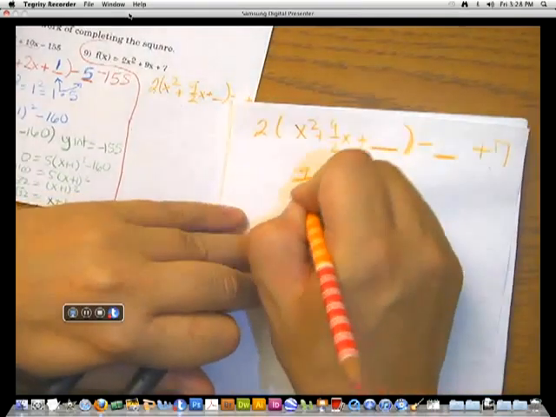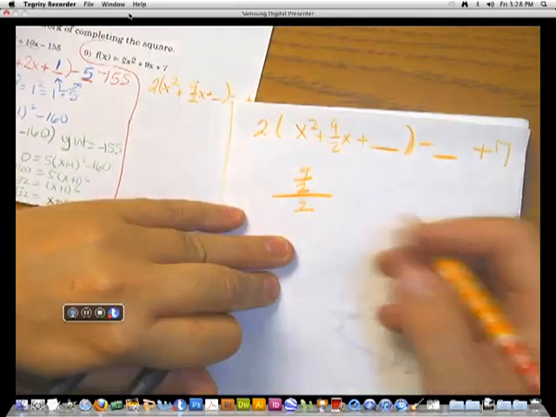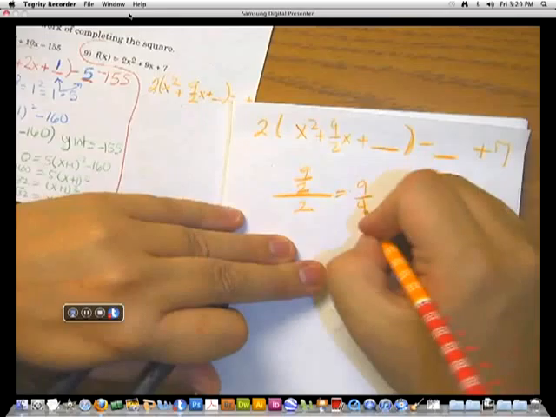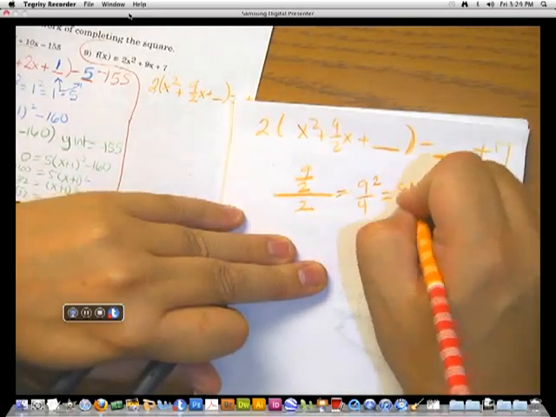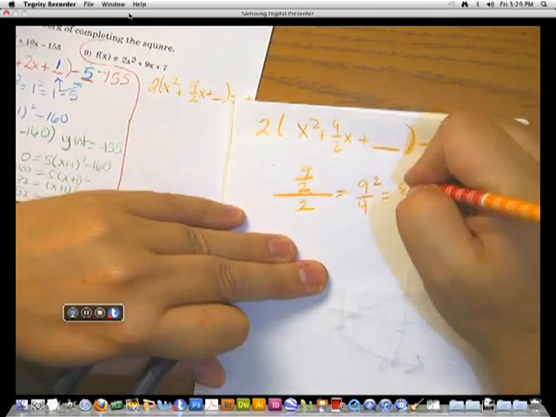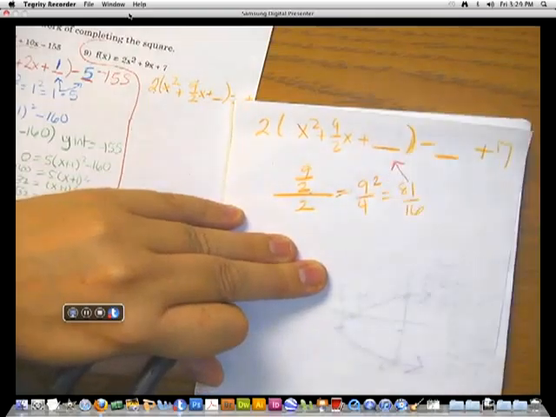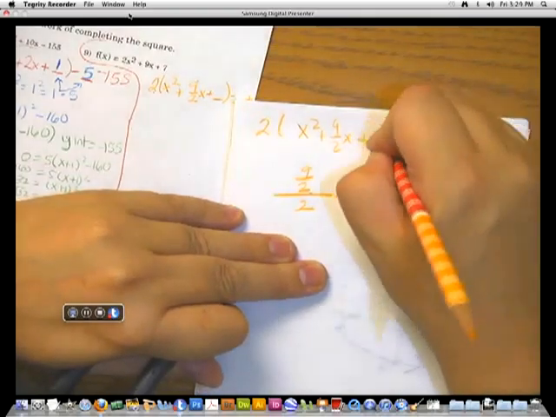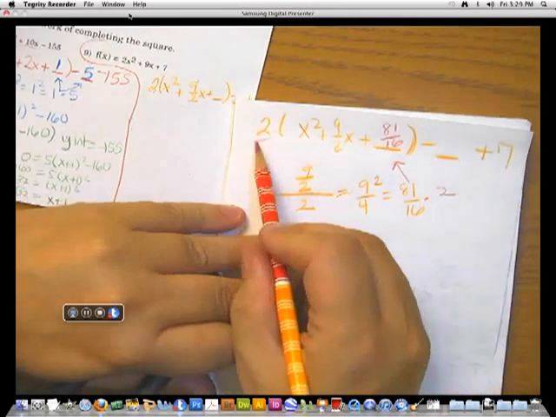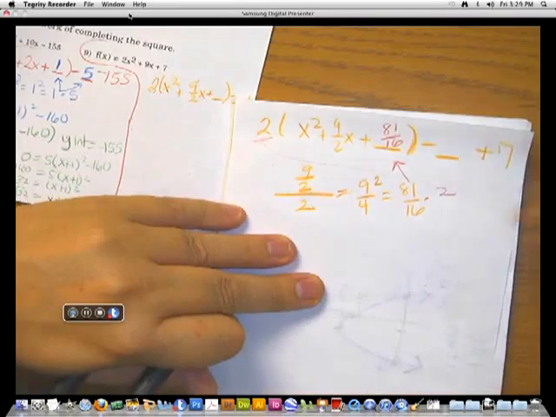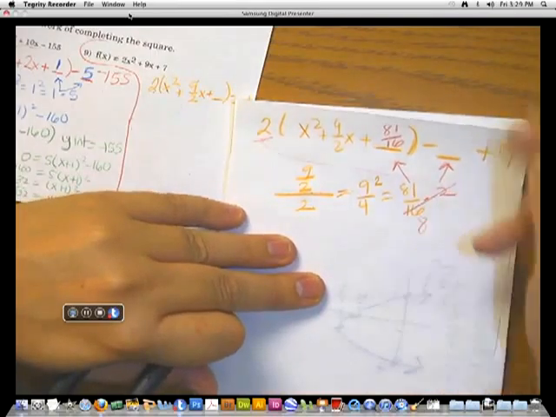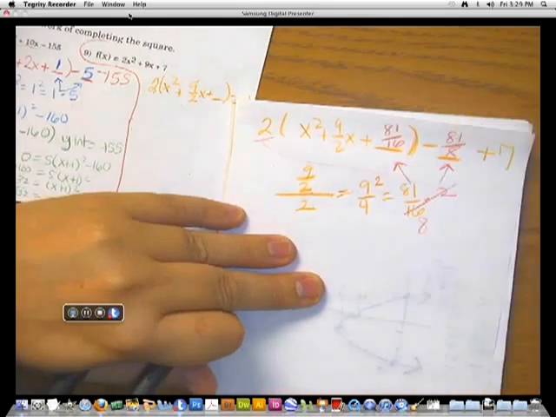All right, so we're going to take our 9 halves, divide it by 2, and that gives me 9/4. 9/4 squared is 81/16. 81/16 is what we're going to put into the first blank. But I have to multiply that by 2 because that's what the a is in order to subtract that on the outside. So that's 81/8.